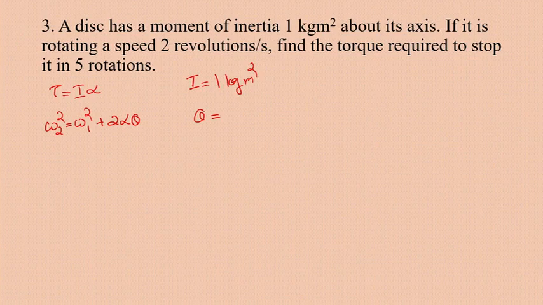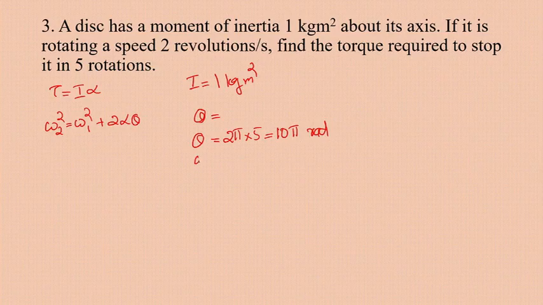So what is the value of theta? We have to stop the disk within 5 rotations. For one rotation the angular displacement is 2 pi, so for 5 rotations it is 2 pi into 5, that is 10 pi radian. Then omega 2 is 0, since we have to stop the disk.